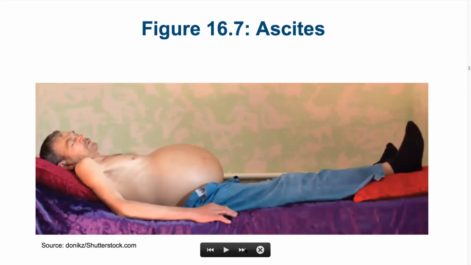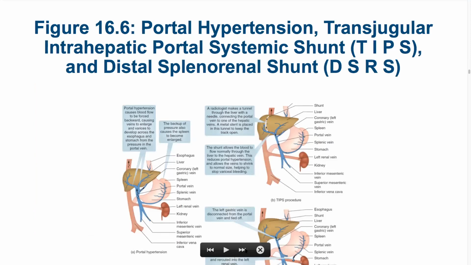Figure 16.7 is an example of ascites. Figure 16.16 talks about portal hypertension, the transjugular intrahepatic portosystemic shunt, and the distal splenorenal shunt.